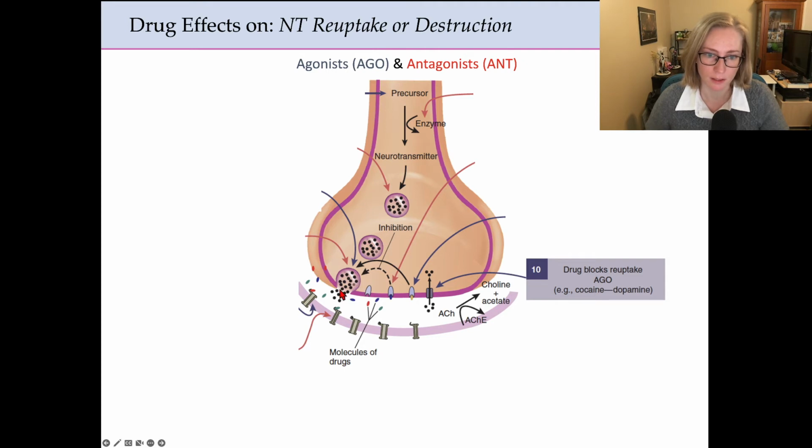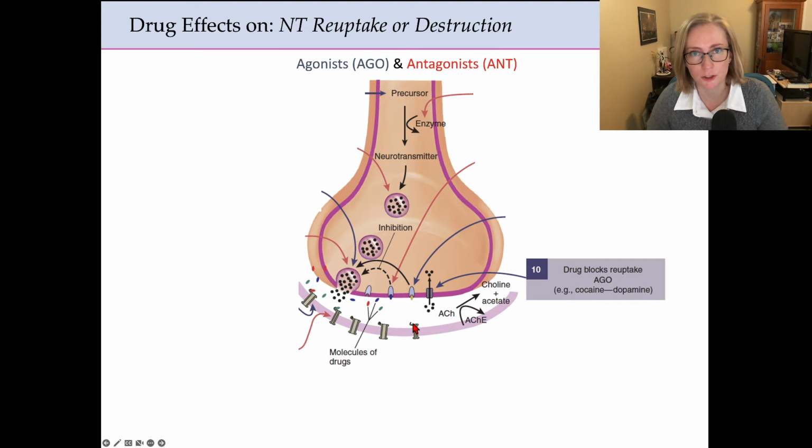It goes and binds and then dumps out into the synapse, and then dopamine goes and binds to a receptor. And then once it's done, it's like, all right, I'm done. What do I do now? This little transporter will basically suck it up and recycle it again. Cocaine, however, is going to block that reuptake. And because it blocks the reuptake, dopamine continues to hang out in the synapse.